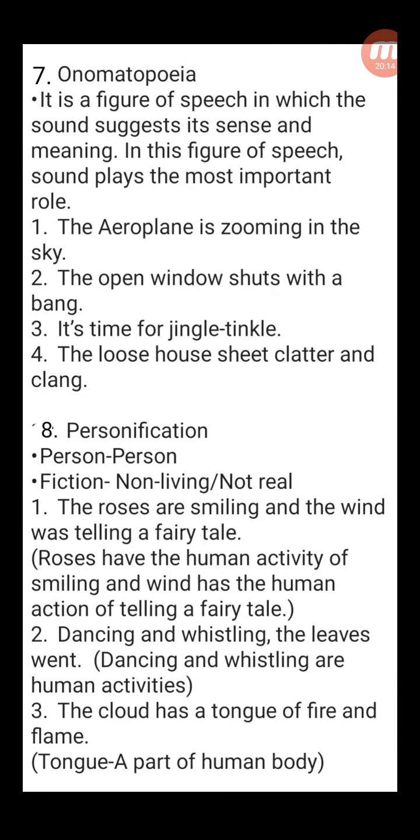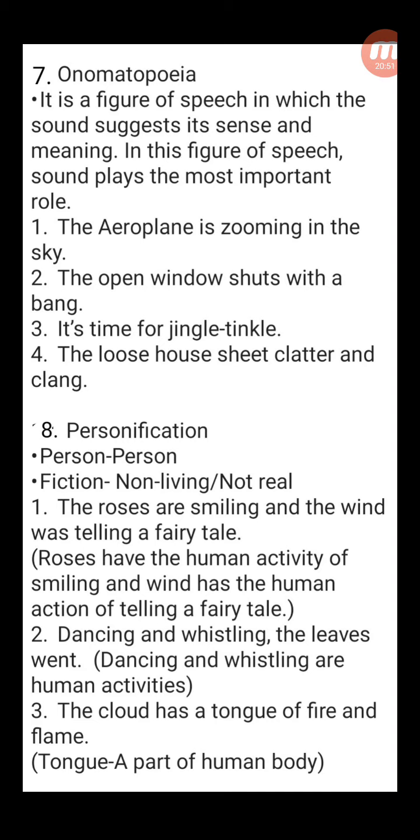Onomatopoeia, musical sound. It is a figure of speech in which the sound suggests its sense and meaning. In this figure of speech, sound plays an important role. Aeroplane is zooming in the sky. That word zooming signifies the sound that an aeroplane makes when it is flying. The open window shuts with a bang. It's time for jingle tinkle.